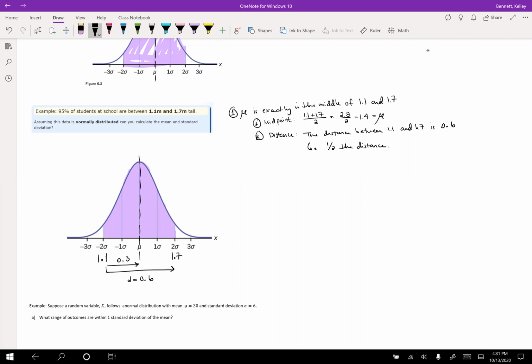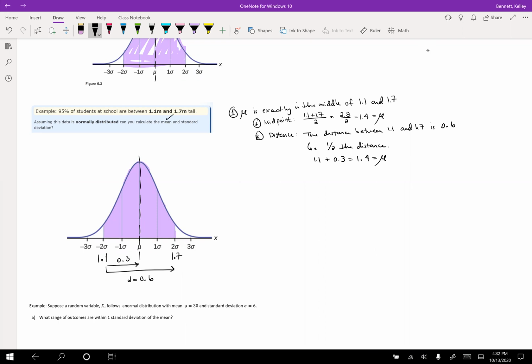So 1.1 plus 0.3 gives me 1.4 as well. This might feel more intuitive, but what we did in method A is certainly faster and we get the same result, which is good. So we computed the mean, check. And we need to compute the standard deviation.